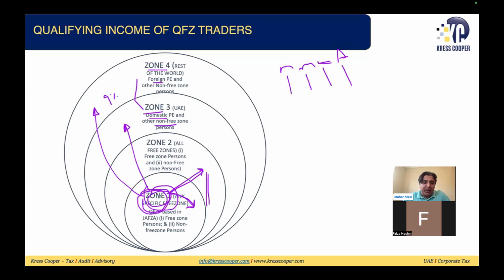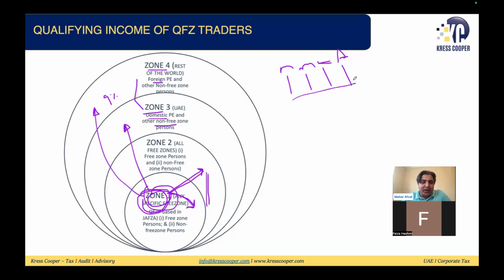If this qualifying free zone trader is selling MMEA products in the raw form, and the person to whom these goods are being sold is out of the UAE, and is not a domestic PE or foreign PE, then the law said this income will be considered qualifying income as well.